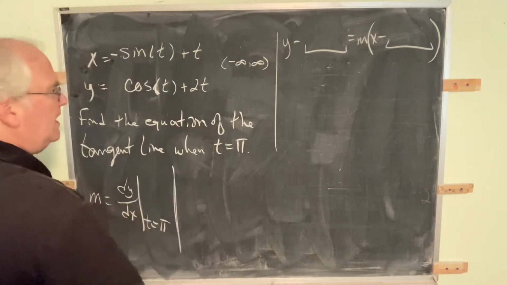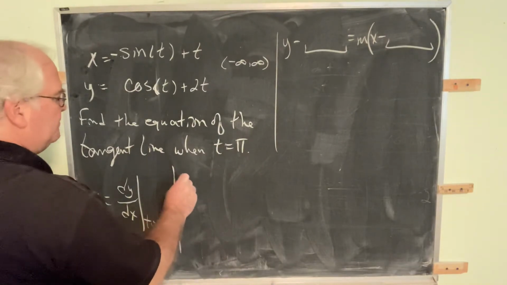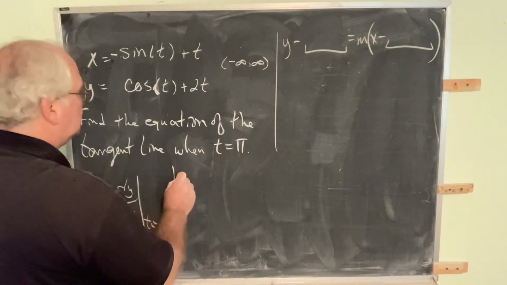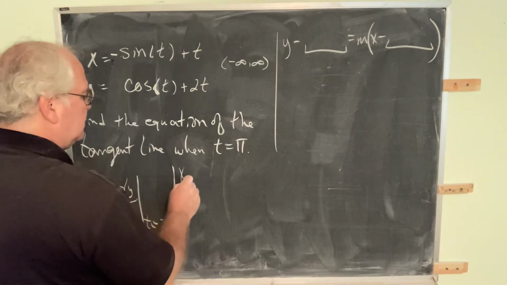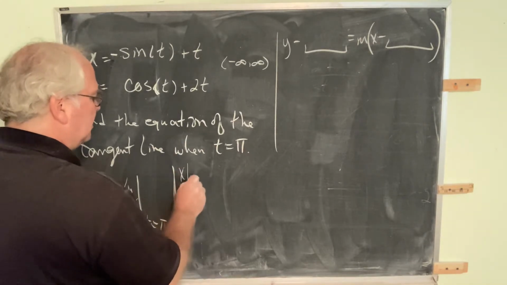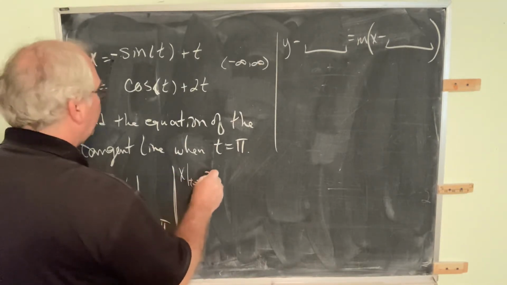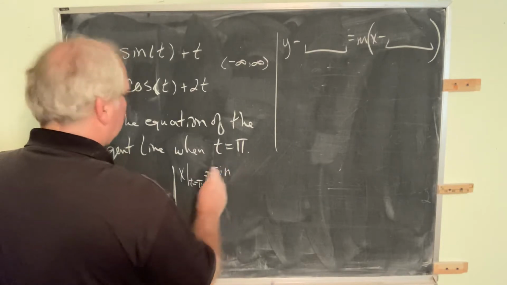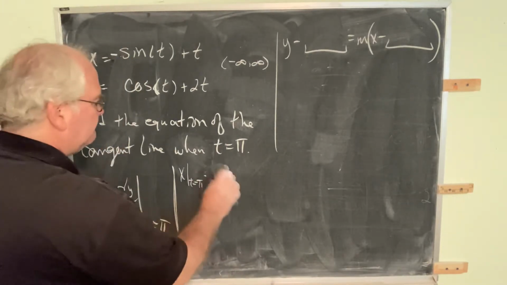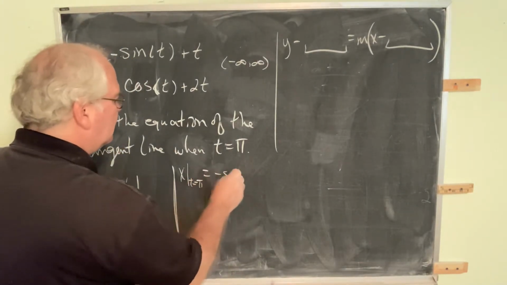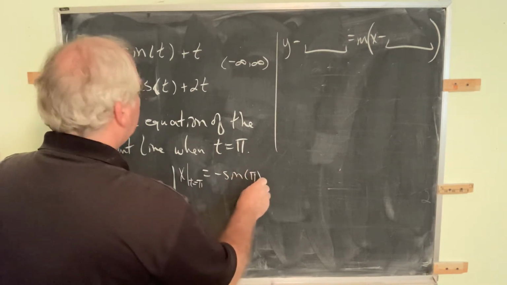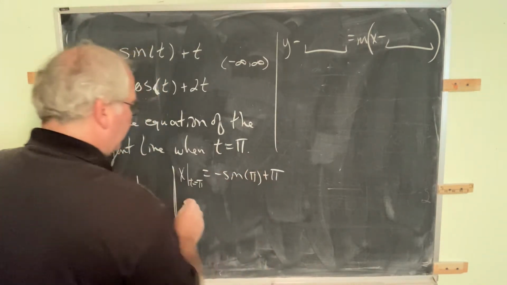So x at t equals pi is negative sine of pi plus pi.